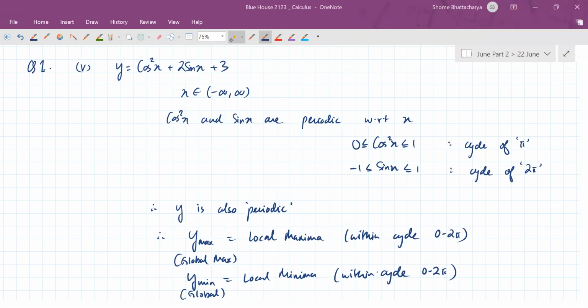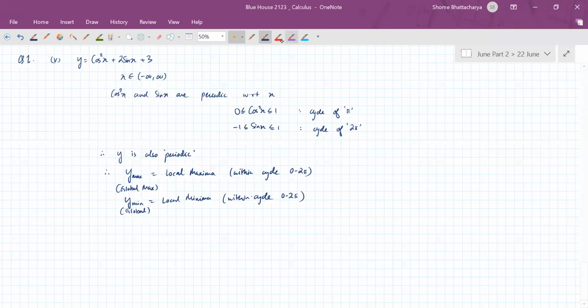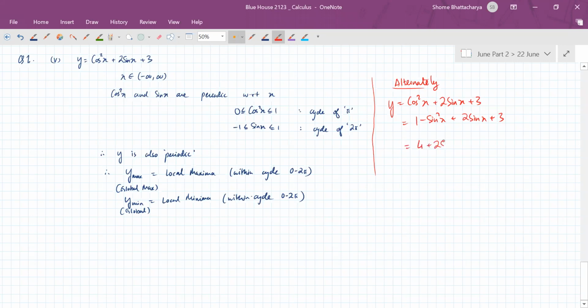You can convert this into a quadratic function in sine also. So alternately, you can write this as 5 plus sin x minus 1 whole square, and from this also you can understand.